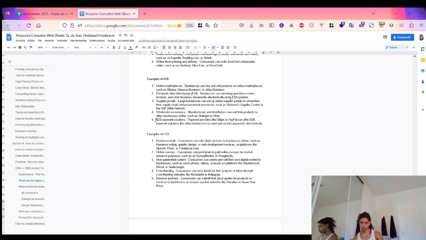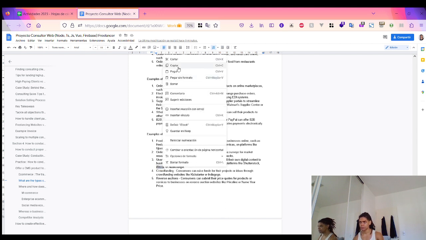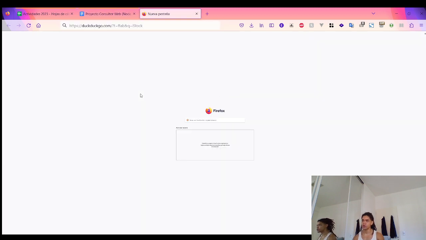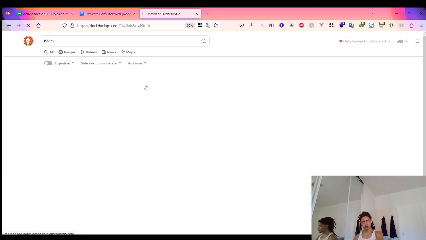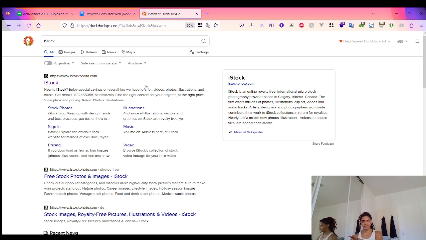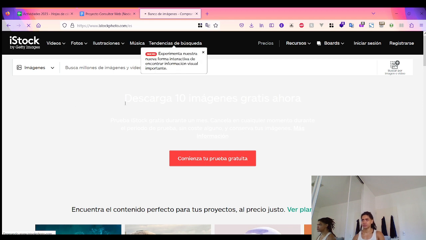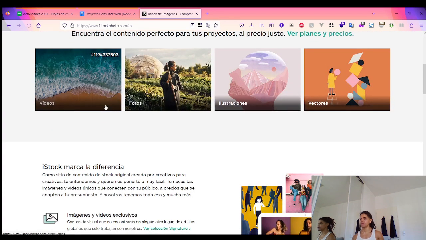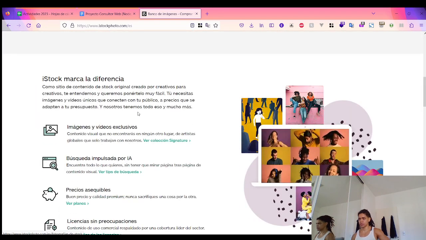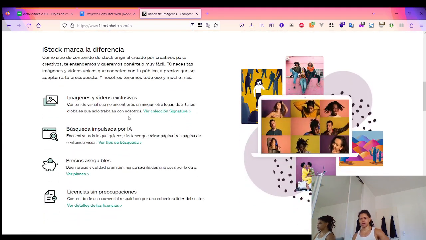Okay, AudioJungle is more for audio, iStock is more for video, if I recall that right, and Shutterstock is for photos, right? But again, it's the consumers who sell their digital content. iStock is for video, photos.